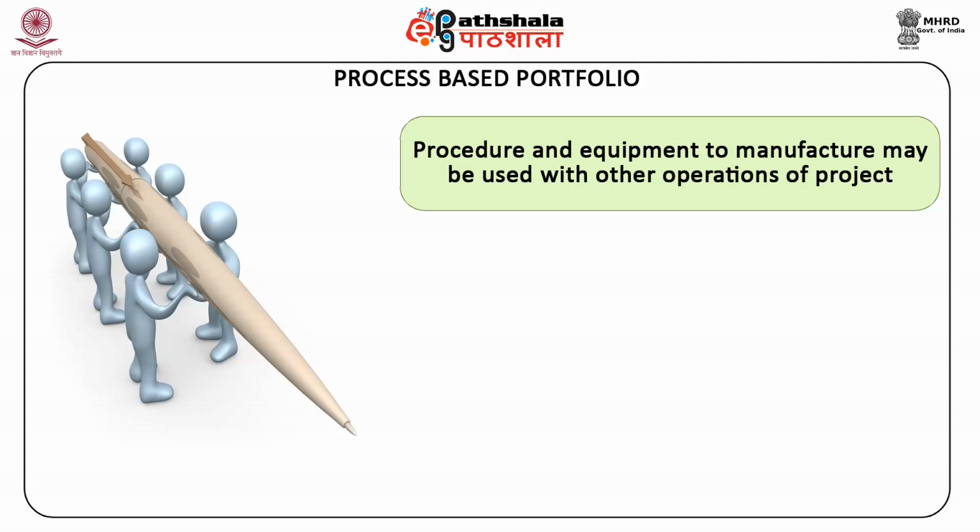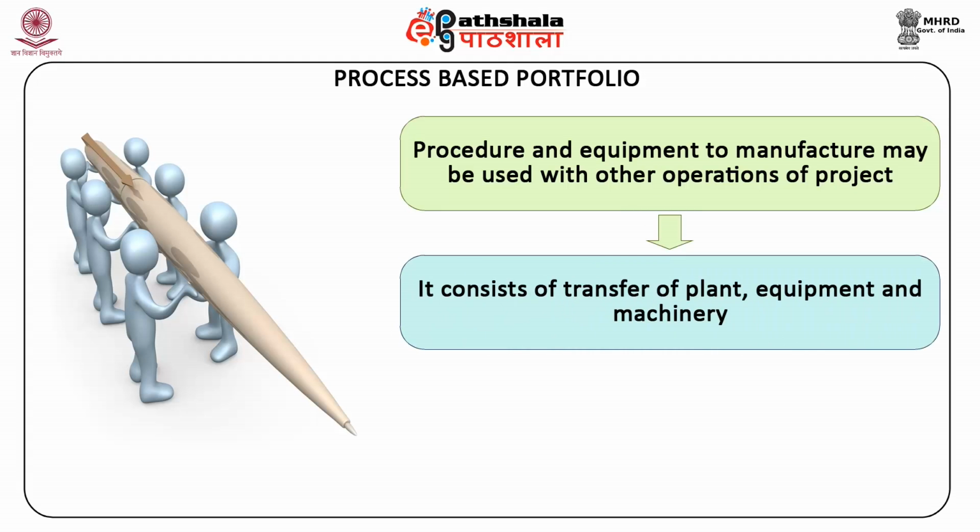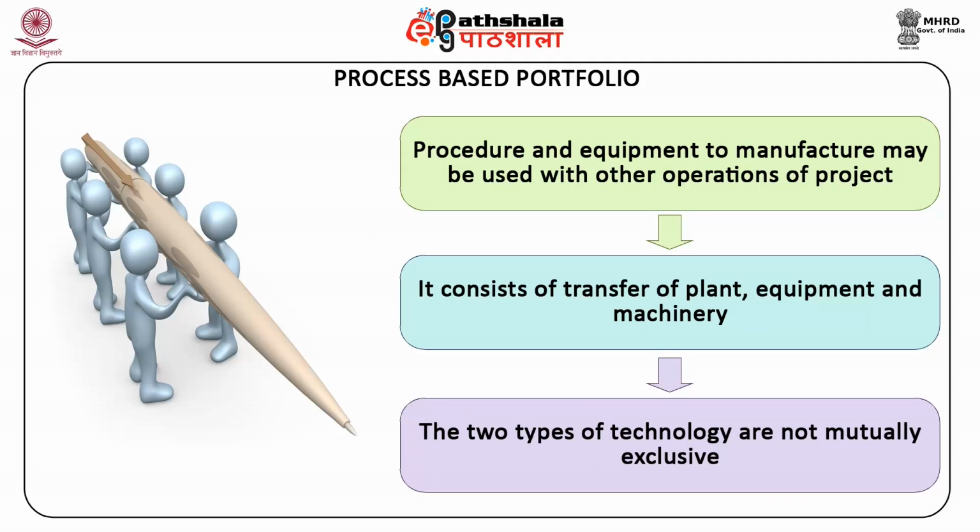In process technology, it consists of transfer of plant, equipment, and machinery along with the documentation and procedure as to how to operate and instructions to use different plant and equipment. It is referred to as hardware aspects of technology. The two types of technology are not mutually exclusive.